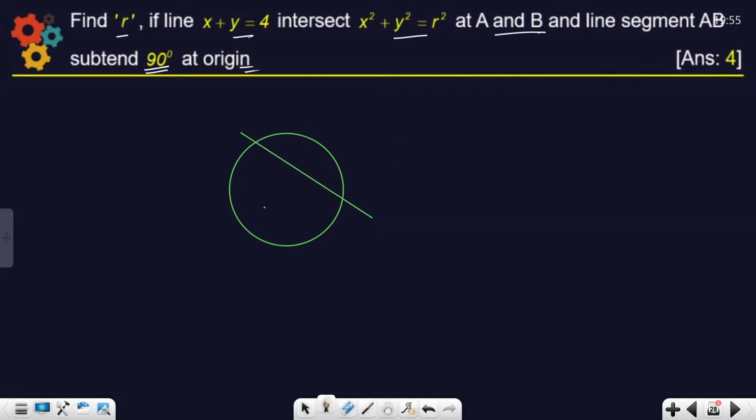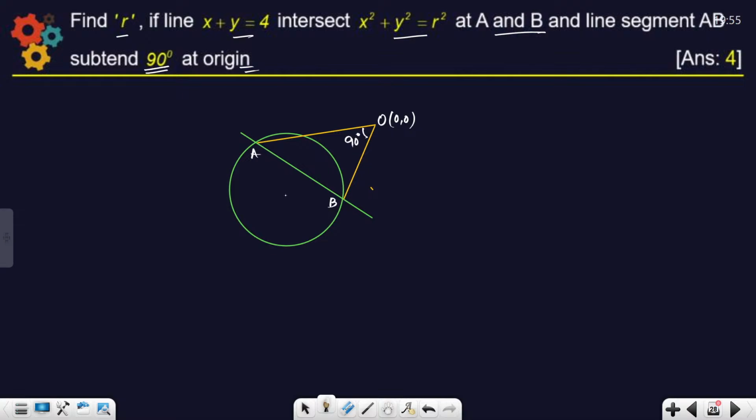They have said that this line intersects this curve at 2 points A and B, and this AB subtends an angle of 90 degrees at the origin. So it is forming 90 degrees at the origin. Is it clear? Right? So 90 degrees at the origin means what?